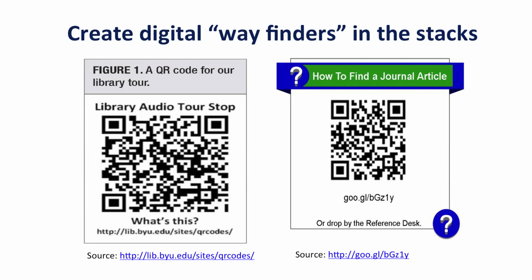You can see on the left of the screen there is a library audio tour. If a user scans this, they can hear MP3 audio and, according to their convenience, listen to it. And on the right side of your screen there is another wayfinder, created in the form of a QR code. If you scan that QR code, it shows how to find a journal article, so that is very easy.